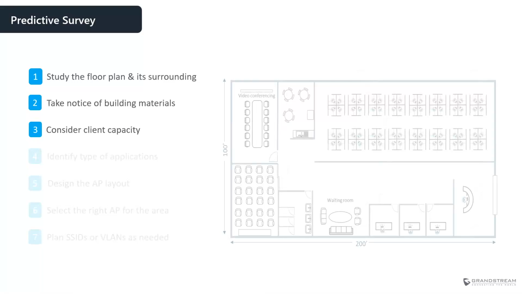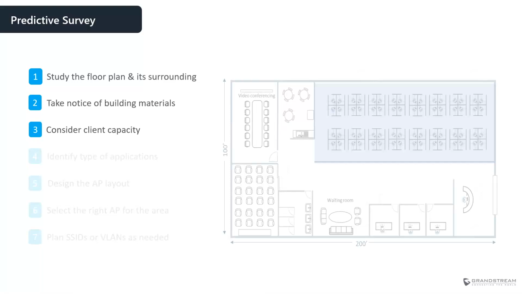Considering client capacity and estimating the number of wireless clients that will be accessing the wireless network can help you determine the area where you need to deploy more access points. So in our example, we can see that the area with the cubicles will have multiple users with eventually more wireless devices.